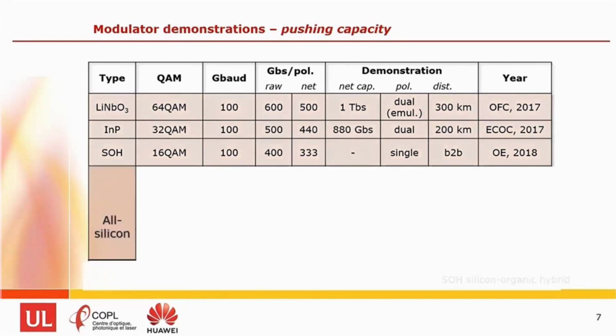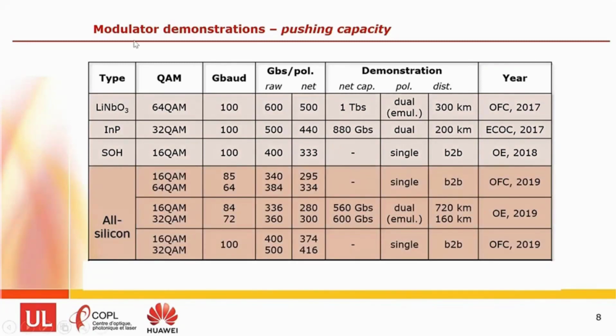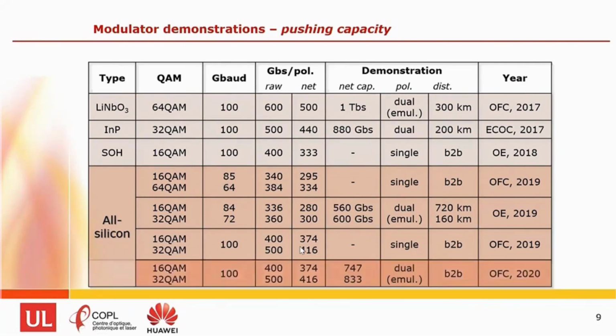And if we go into an all-silicon solution, we've seen the gradual increase in performance of these modulators up to the 100 gigabaud at OFC last year. These results take the 100 gigabaud, but now we apply it to both dual polarization as well as single polarization, which brings us to the title, which says we can reach a 1 terabit per second line rate because of the exploitation of dual polarization.